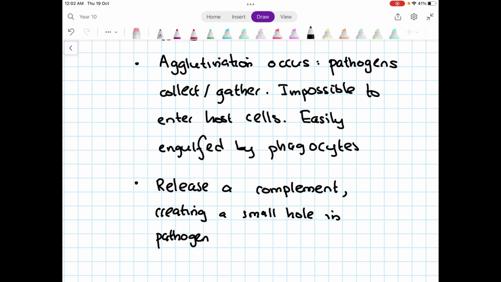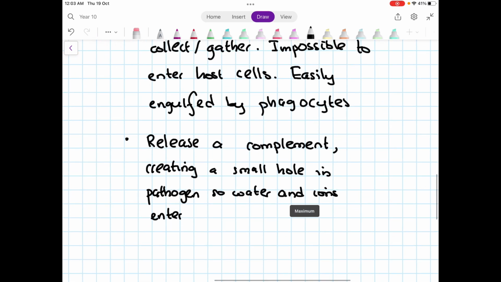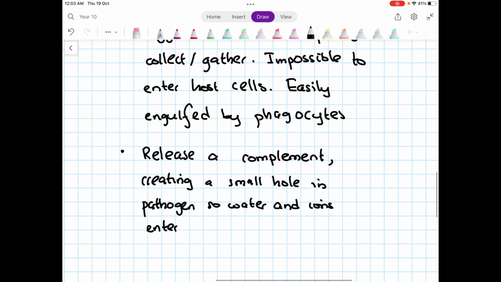And this causes water and different ions to enter, eventually resulting in lysis, or bursting. So the pathogen bursts.